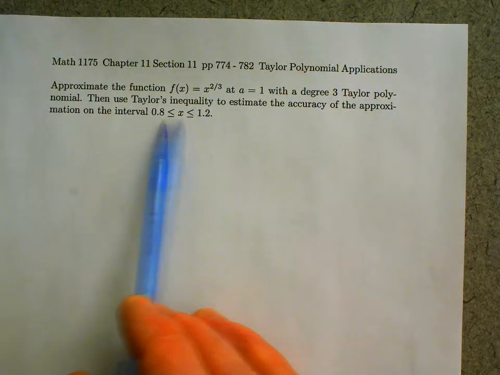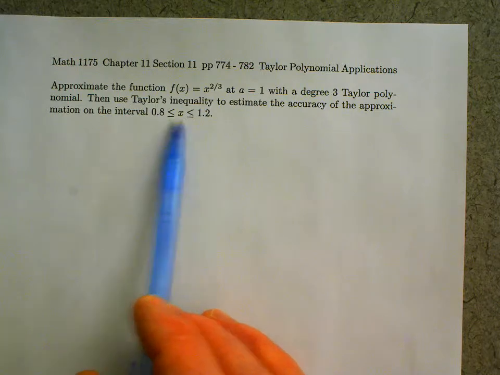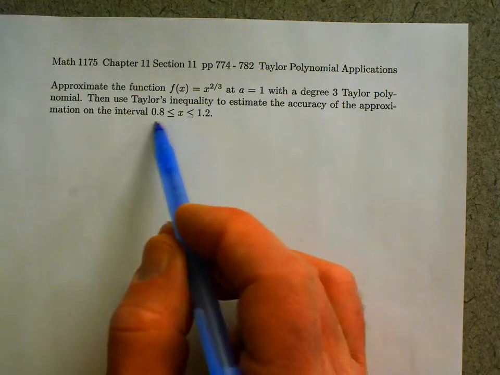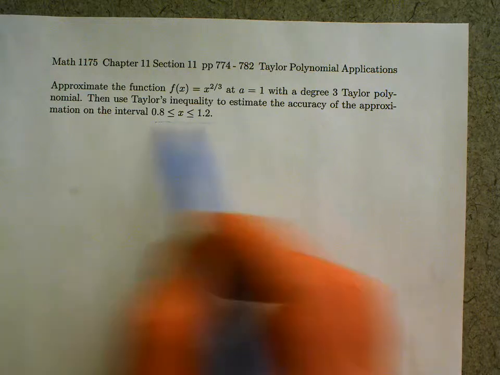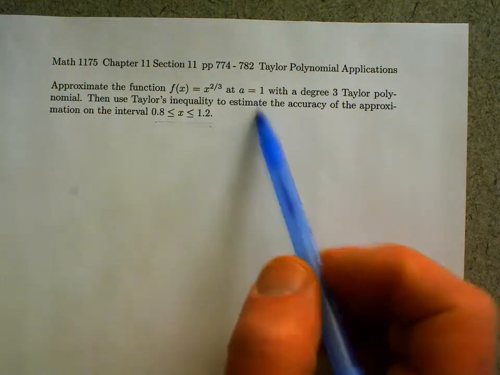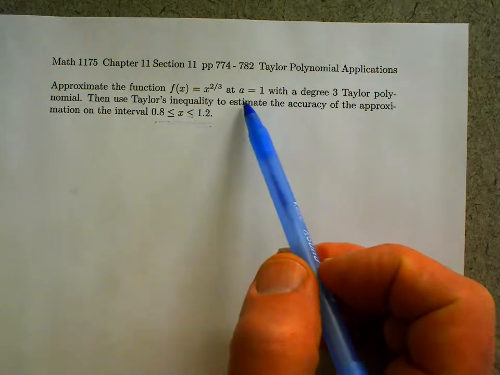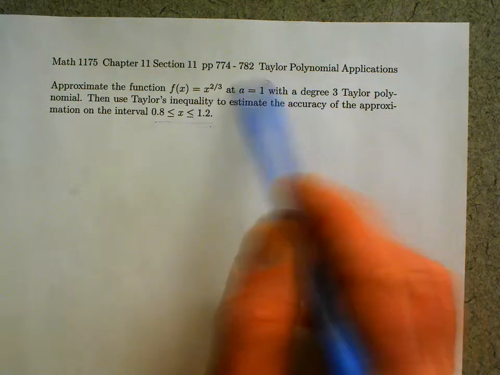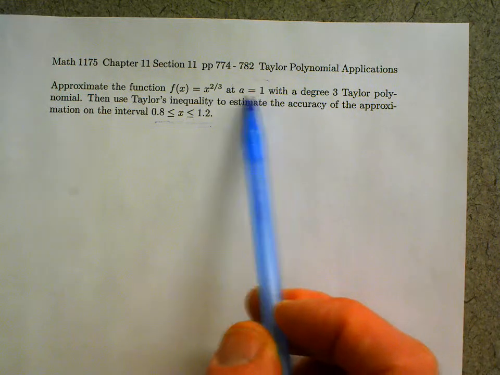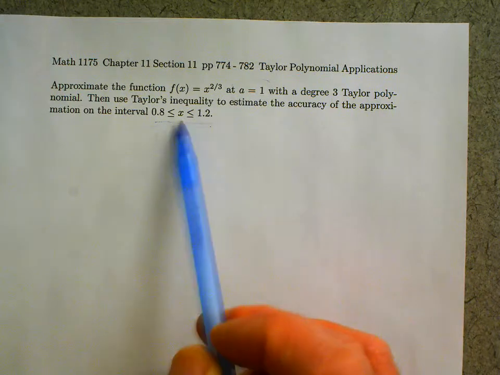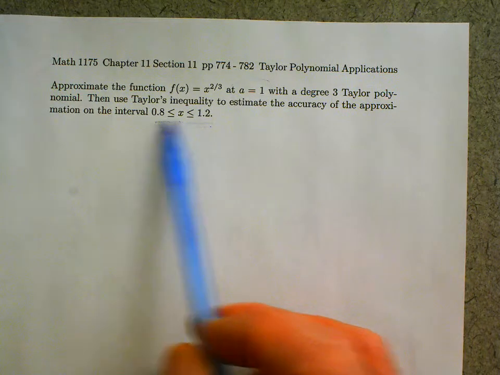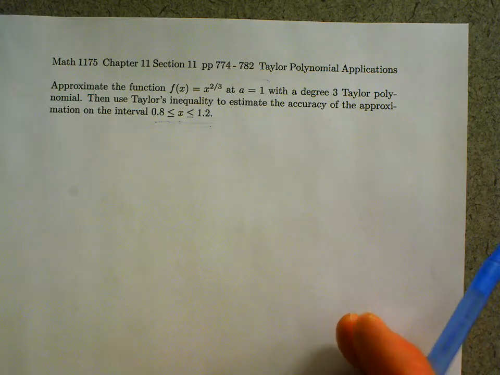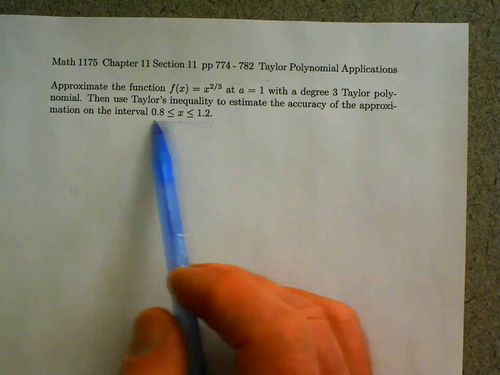The x values will be from 0.8 to 1.2. So this interval, since the degree 3 Taylor polynomial is at a equals 1, then this number a equals 1 should be in that interval. And you can see that that's the case.